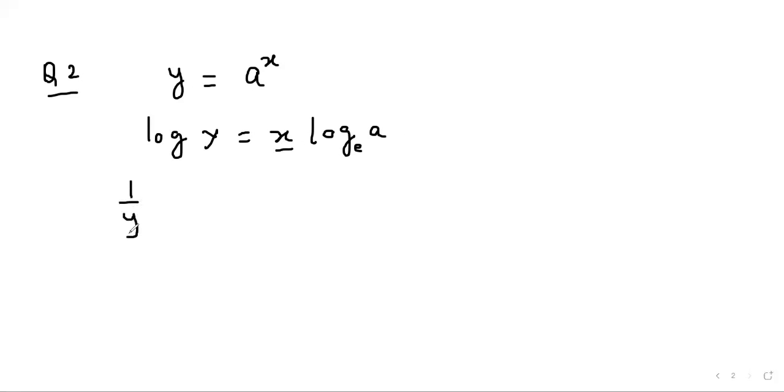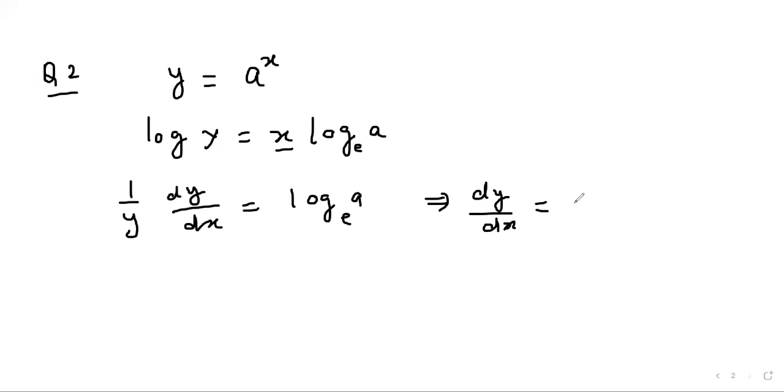So 1 upon y dy by dx is equal to log a base e, and the differentiation of x is 1. So dy by dx is equal to y times log a, and we put the value of y, so it will become a power x log a.